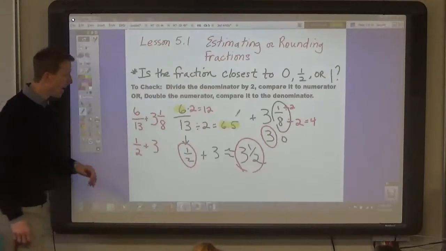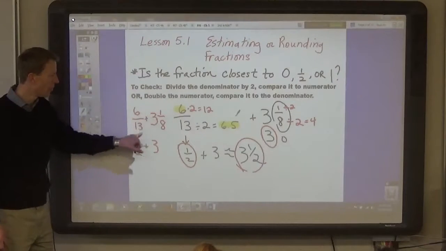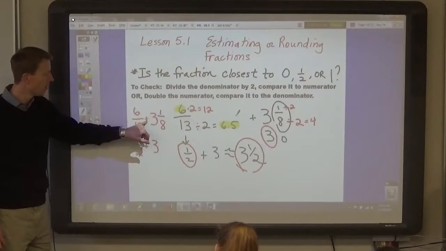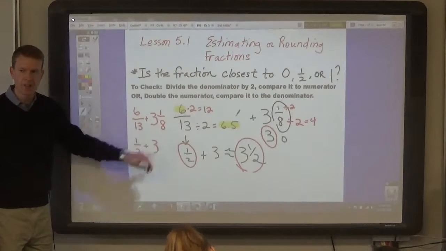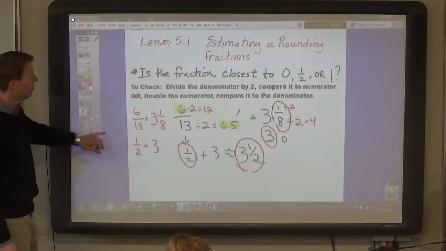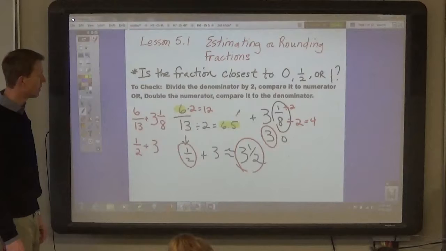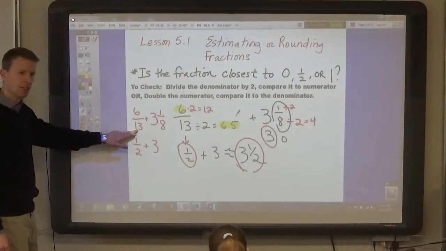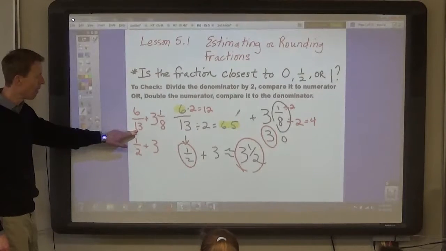So if you were going to estimate these two numbers, 6/13 plus 3 1/8, for example. Okay? To check if something is close to 1/2, you can divide the denominator by 2.